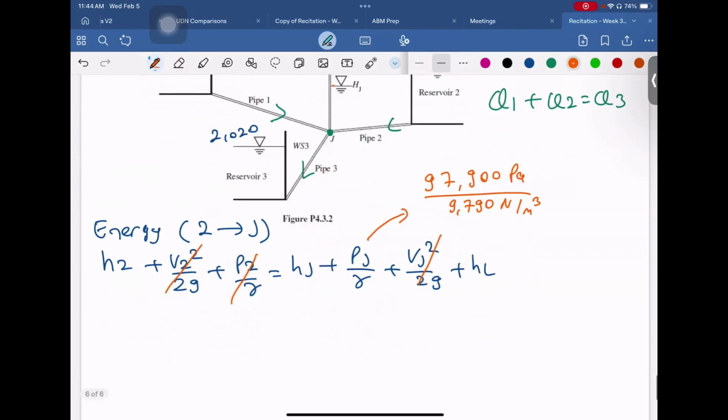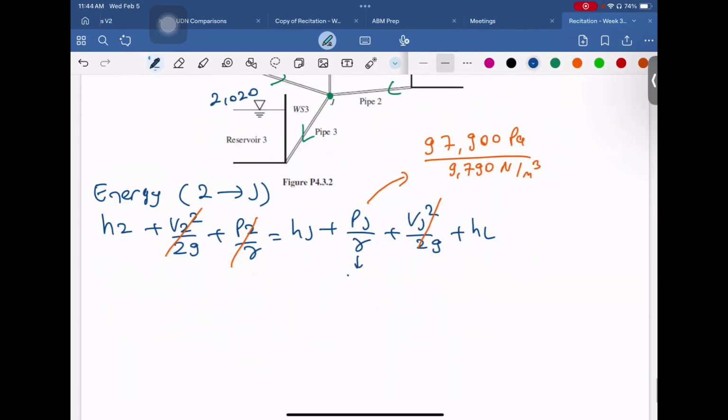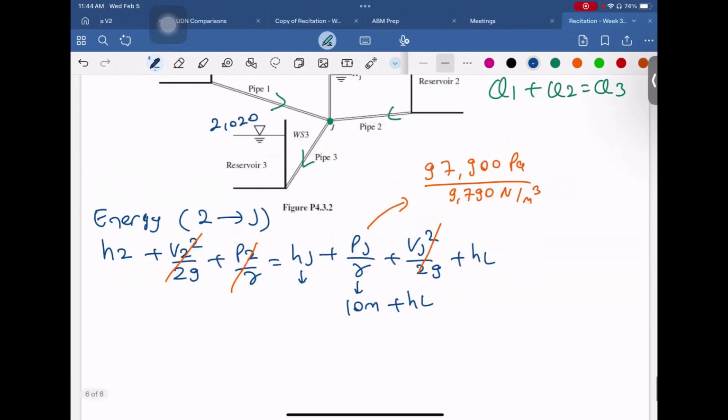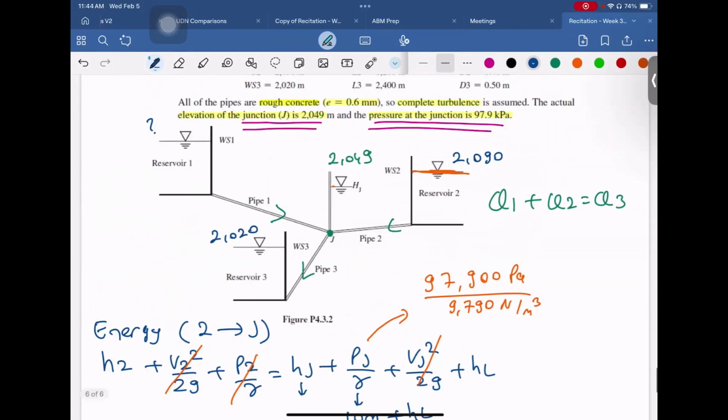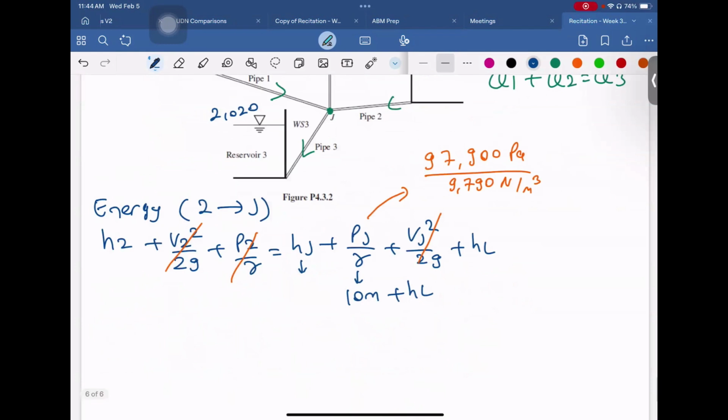And this is going to give us 10 meters plus head loss, and the Hj, which is the elevation of the junction, is 2049.